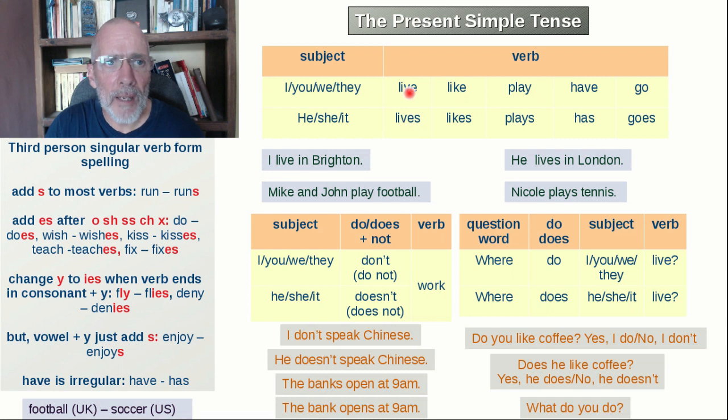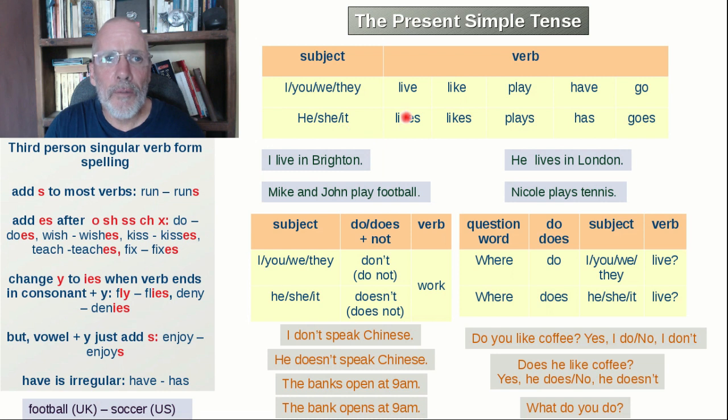So, for example, live becomes lives, like becomes likes, play becomes plays, have becomes has, and go becomes goes. So we say he lives, he likes, he plays, he has, and he goes.